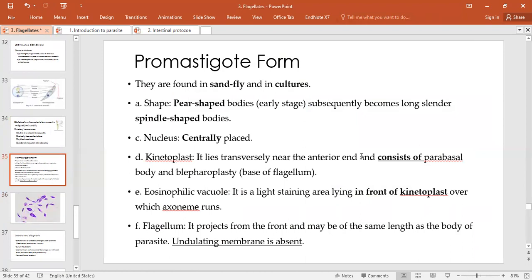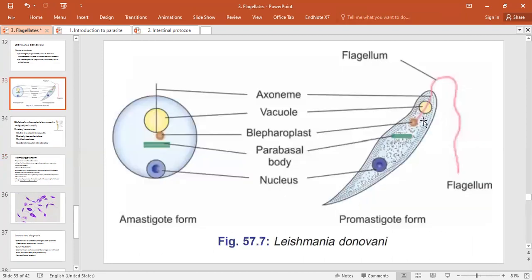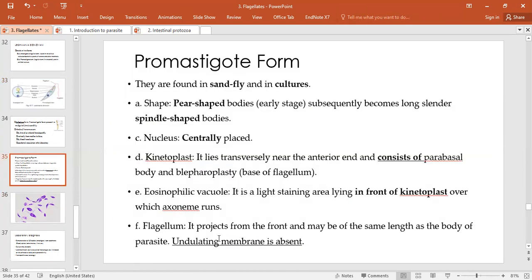The kinetoplast lies transversely near the anterior end and consists of the parabasal body and blepharoplast. The blepharoplast is the base of the flagellum. It has an axoneme, a vacuole, the blepharoplast, the parabasal body, and the nucleus. The flagellum projects from the front and may be the same length as the body of the parasite.